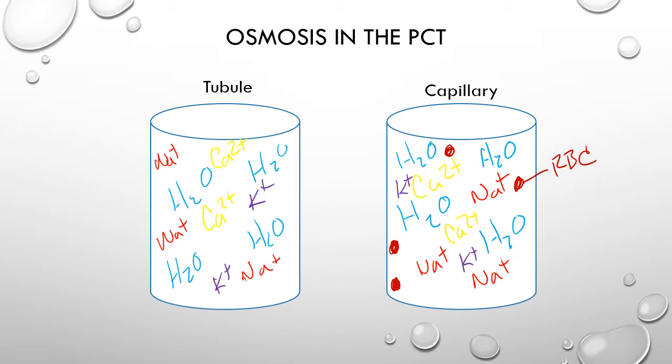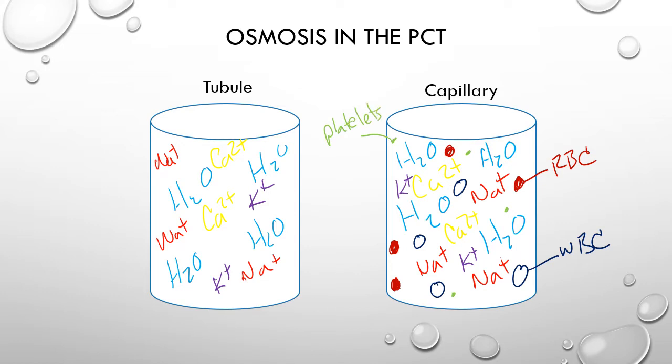Let's go with dark blue for our white blood cells. That is there as well, inside there. And then we're going to have things like even platelets out there inside the capillary as well.